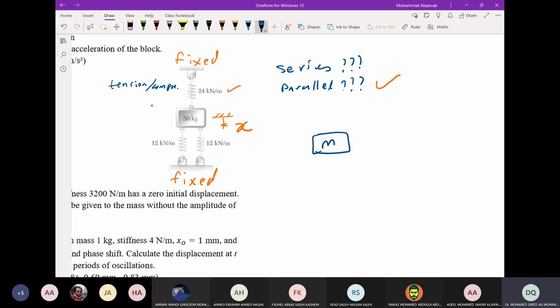So if the spring is under tension, it is pulling upward with k times x; let's call them k1, k2, k3.